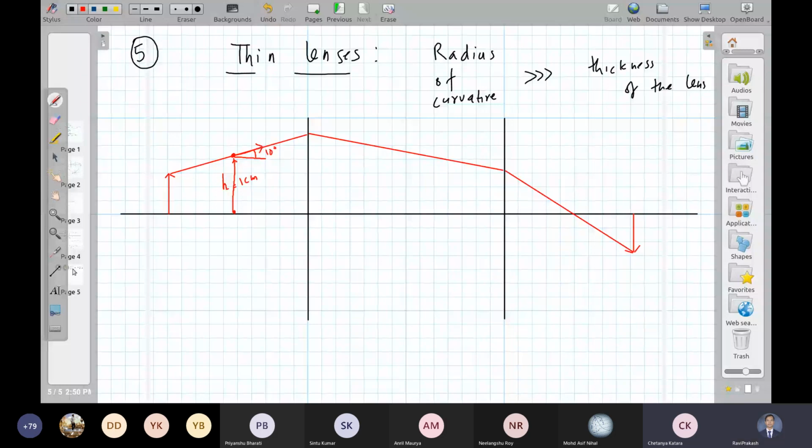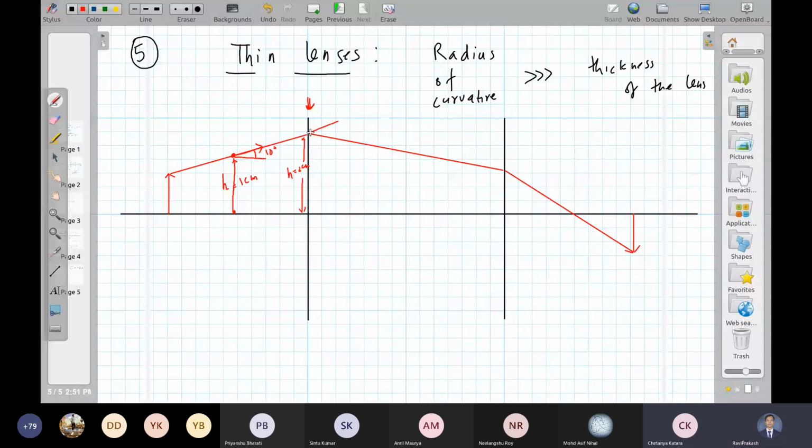What is the role of this lens? लाइट के पाथ में इस लेंस का क्या रोल था? Light fall at this lens at some height. लाइट जब इस लेंस पर आई, वो किसी हाइट पर इसको टच किया. Let us say that height is 2 centimeter. And it has some direction. कुछ डायरेक्शन भी था. कितना था? 10 डिग्री.